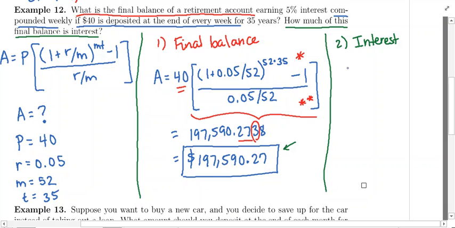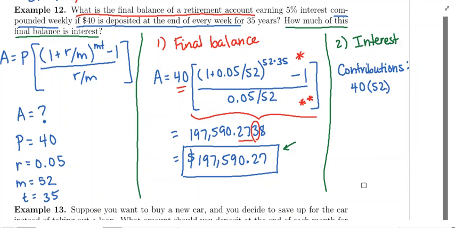So what you need to think about is, what were the contributions to this account? Well, $40 was put in every week. There are 52 weeks in 1 year, so we're going to multiply by 52. That's going to give us how much money was put in 1 year. And then this was done for 35 years, so multiply by 35.